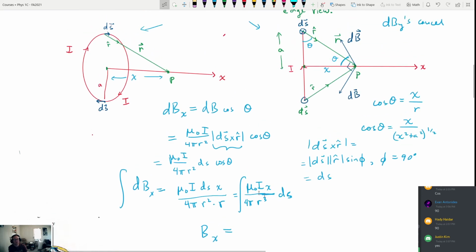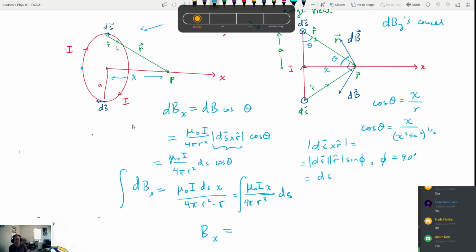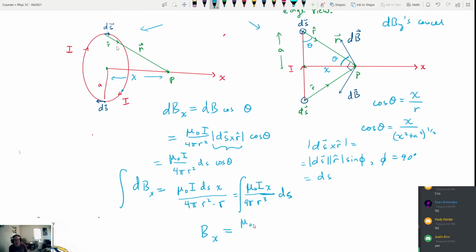The distance r from a ring to the point P, as long as the axis is perpendicular, would be the same all around the ring. All of those r's would be the same, right? So we can pull that out of the equation. So we're going to have mu naught I over 4 pi, those are all constants, times r cubed.